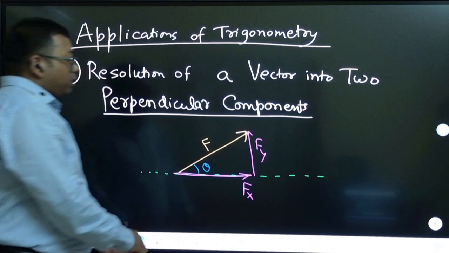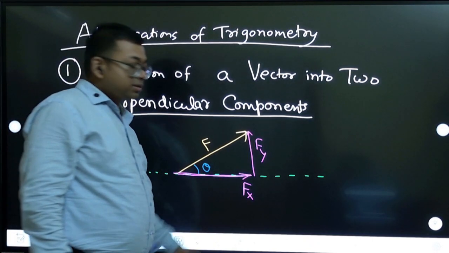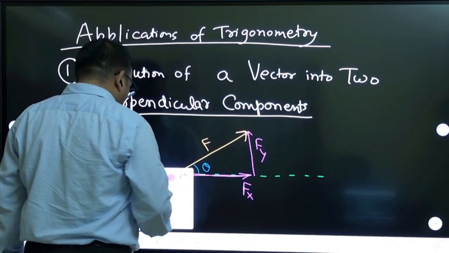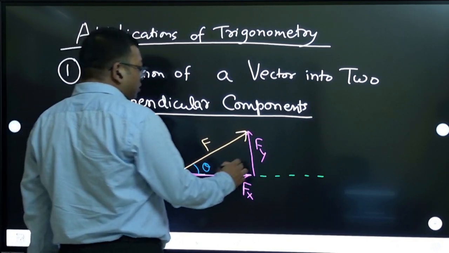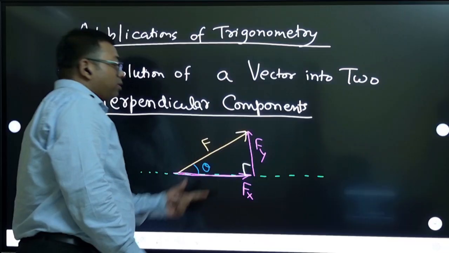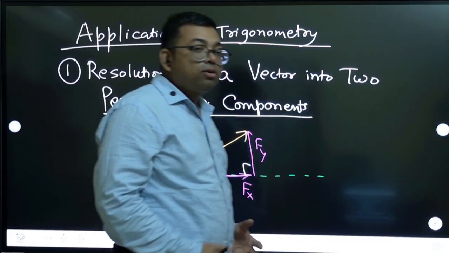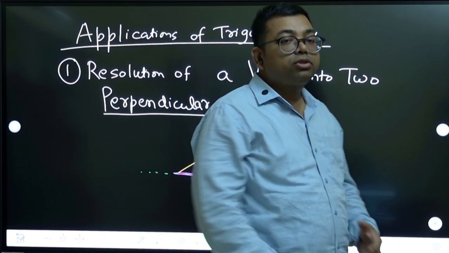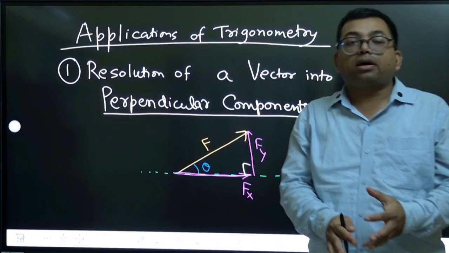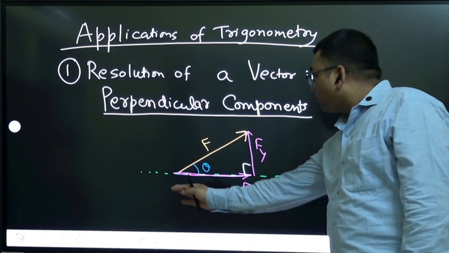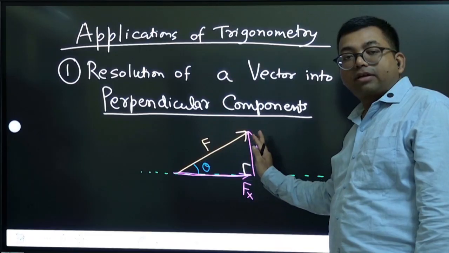Okay. So the component along x is Fx, and note that they are going to be perpendicular because one is along x-axis, another is along y-axis, and this is also called triangle rule. Triangle law or triangle rule is used to add two vectors. So this is one vector and this is another vector.